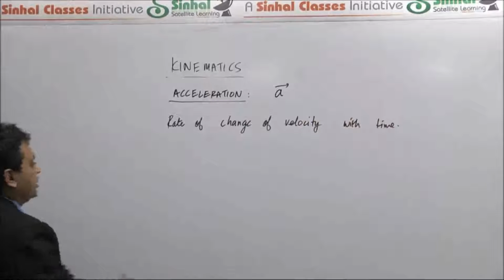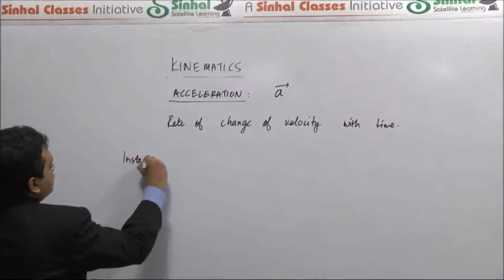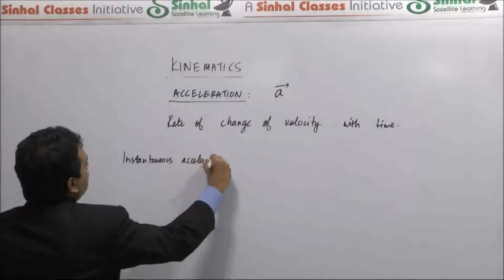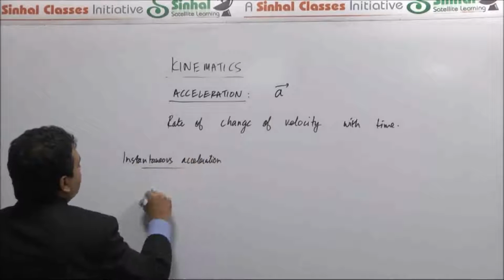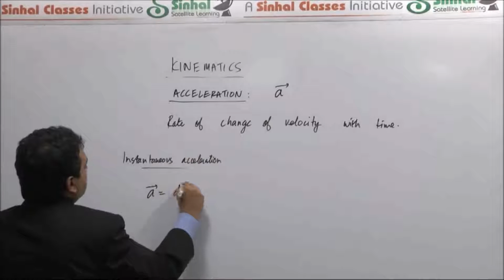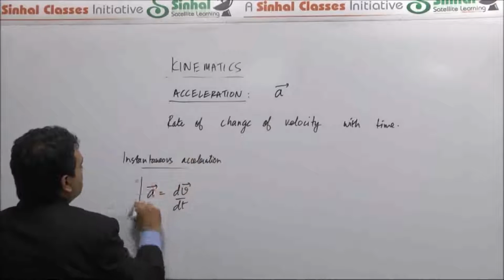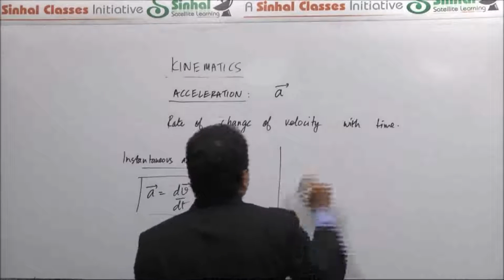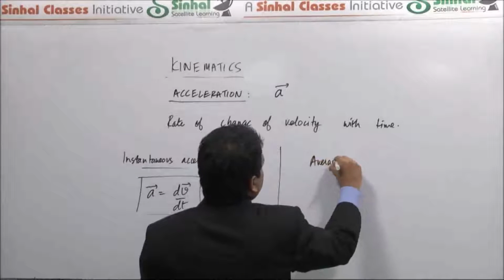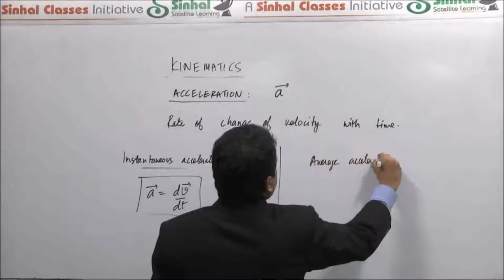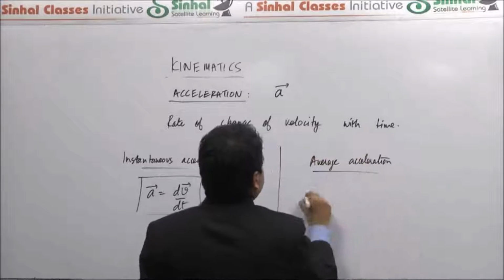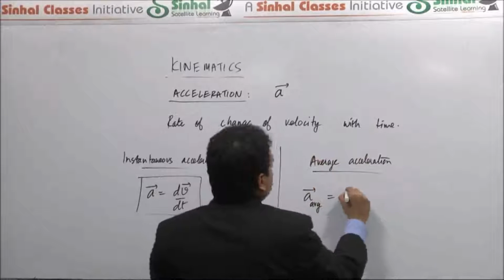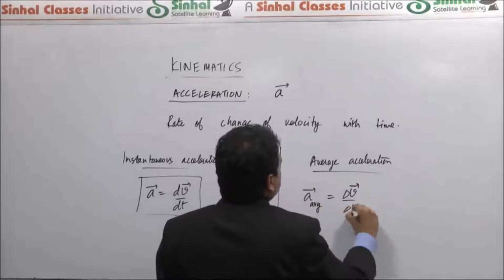So once again we define instantaneous acceleration a as the instantaneous rate of change of velocity with respect to time, and we define the average acceleration as the average rate of change of velocity with respect to time.